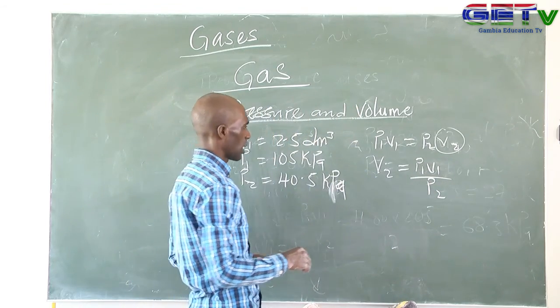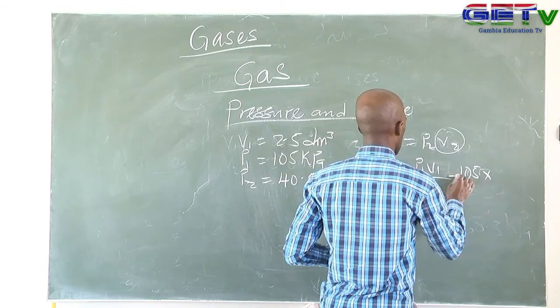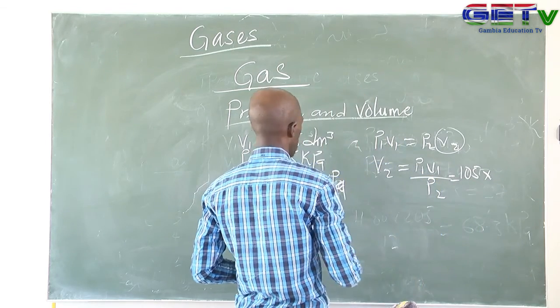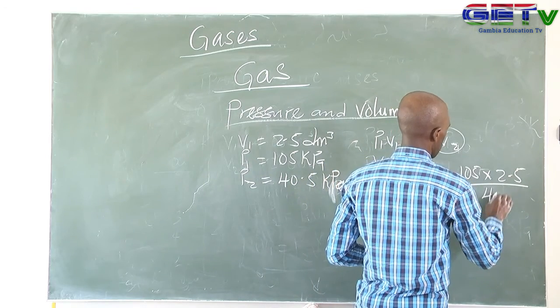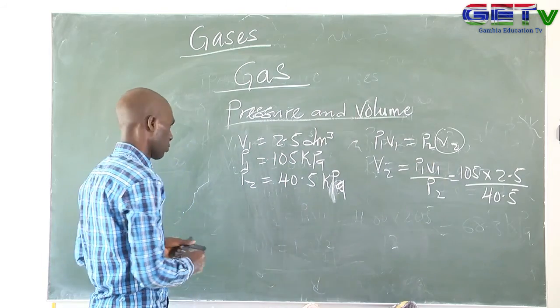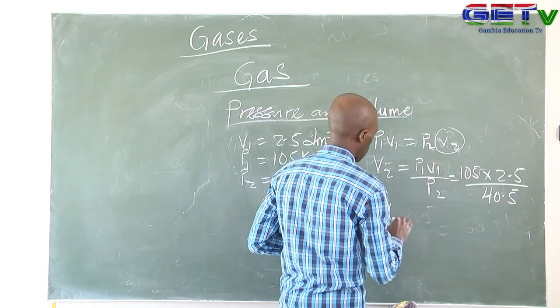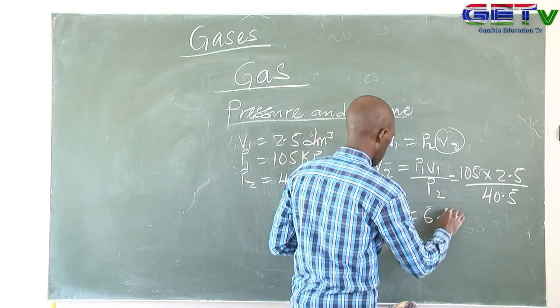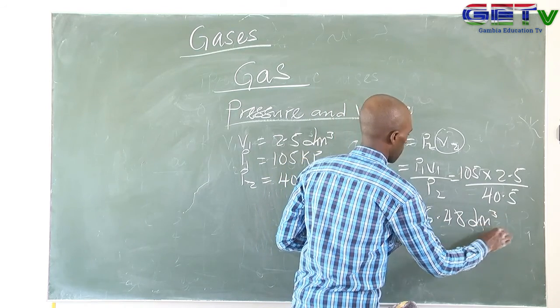If you substitute, we'll have P1 is 105 times V1 is 2.5 divided by P2, 40.5. Our answer is V2 is 6.48 cubic decimeter.